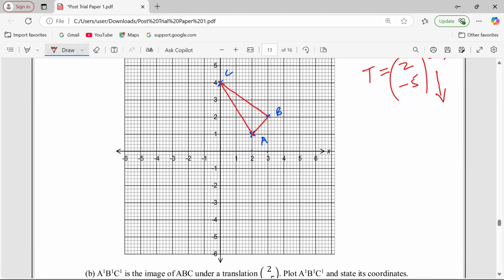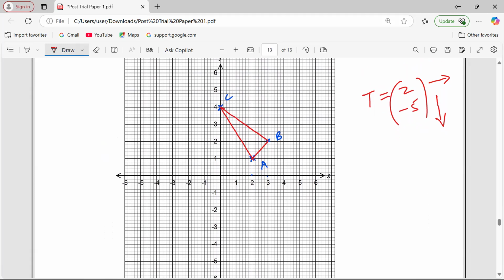So if it is point A, we move 2 to the right. So from A, we have 1, 2. Then downwards, we move 5 units. So 1, 2, 3, 4, 5. So we shall find ourselves here. This is A prime now.